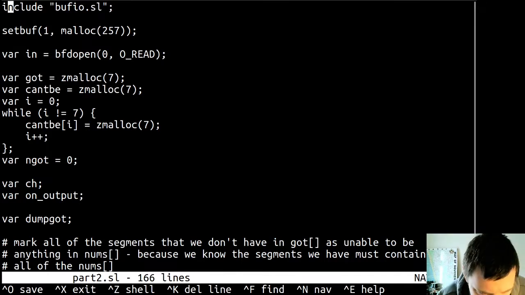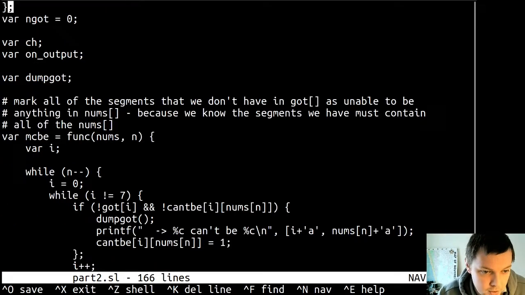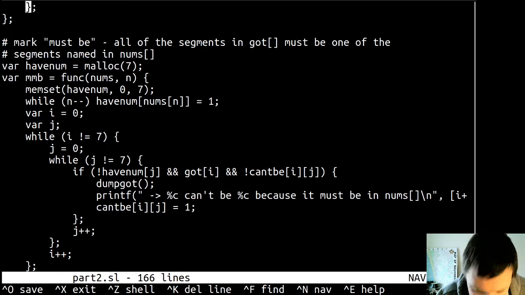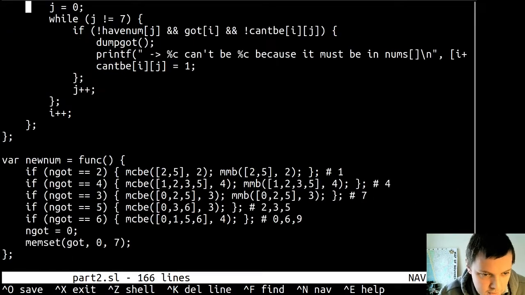Ch is only used in the thingy on output. Is an integer. Dump got is a function. Have num is an array of 7, but that only gets used in one place, and so we can tick that one. Nums is a parameter to these functions.